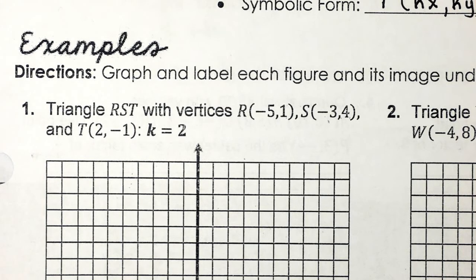Number 1 says triangle RST with vertices, with a scale factor of 2. So they want us to dilate this triangle by a scale factor of 2. Graph the triangle first.